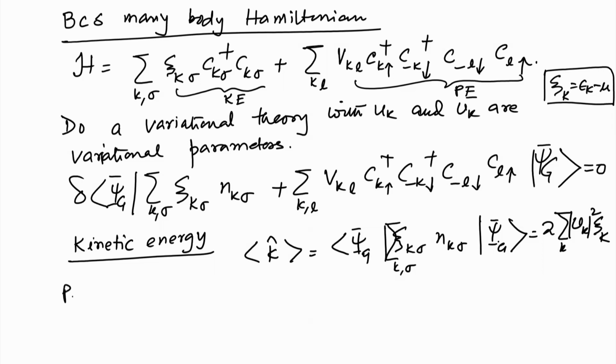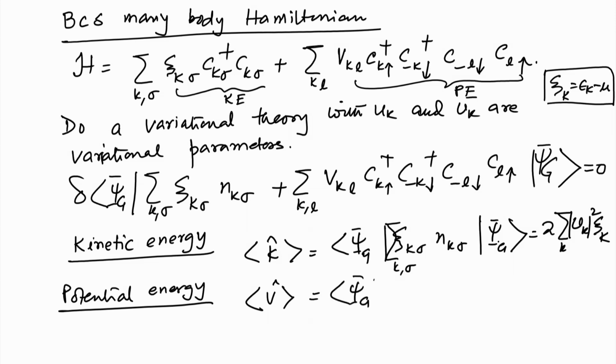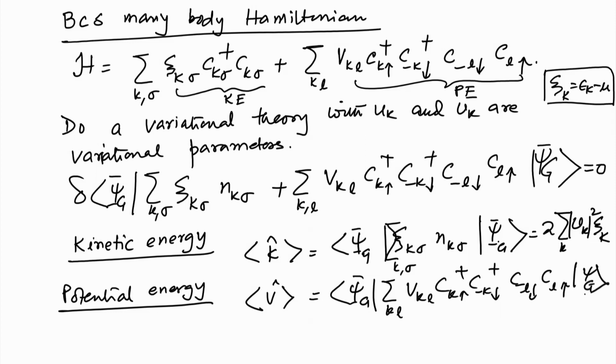And similarly, for the potential energy, we have V equal to the expectation value in psi_G of the sum over k l of V_kl c_k up dagger c_minus k down dagger c_minus l down c_l up, and this comes out to be the sum over k l of V_kl u_k star v_k star u_l v_l.